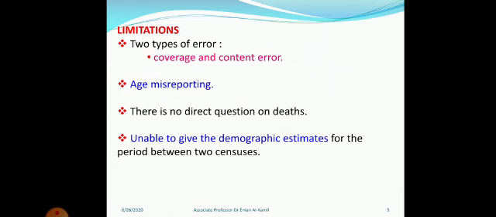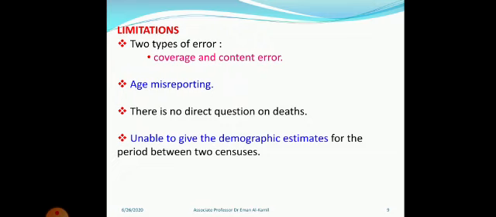Sometimes, for example, some people are not available at the time of taking information, so there will be inadequate or incomplete information. Or sometimes the content is variable because there are different people, so there is variation in those who are collecting the information, which causes content error. So the information may be incomplete or incorrect.